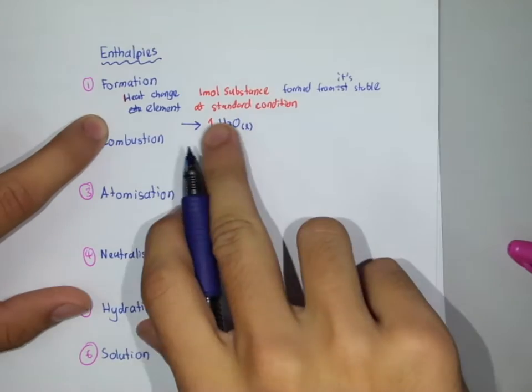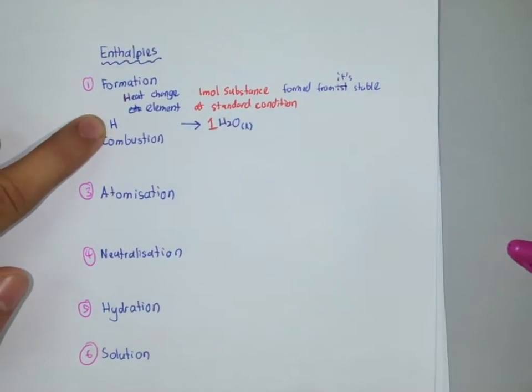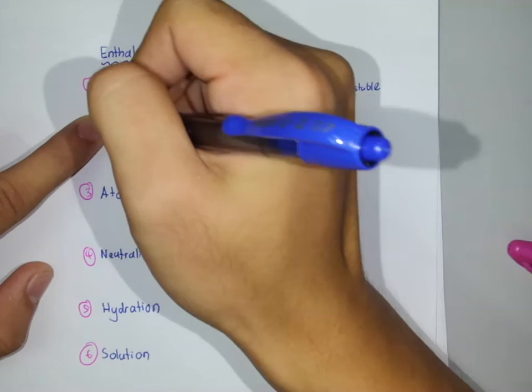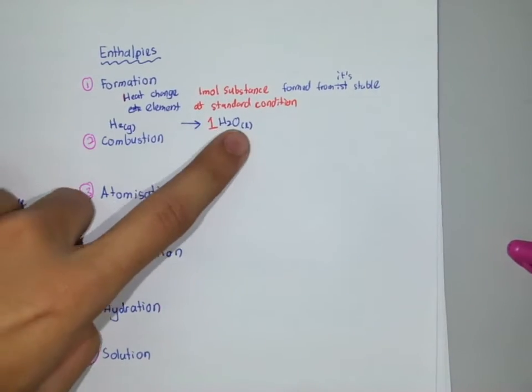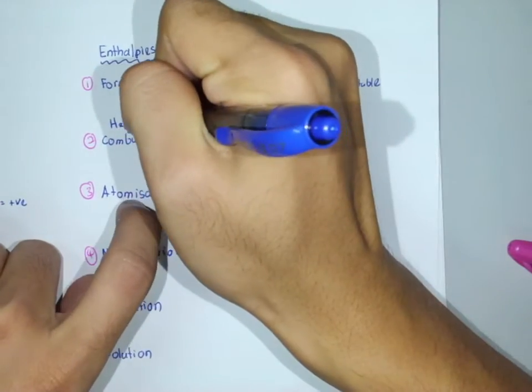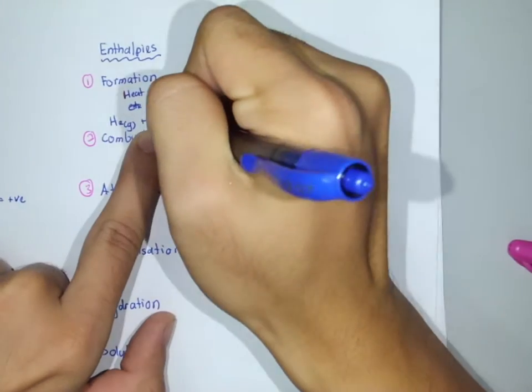So stable element, we look at hydrogen. Hydrogen is not stable as only hydrogen. It is stable as hydrogen gas. And then we look at oxygen. Oxygen also is not stable as oxygen only. It is stable as oxygen gas.